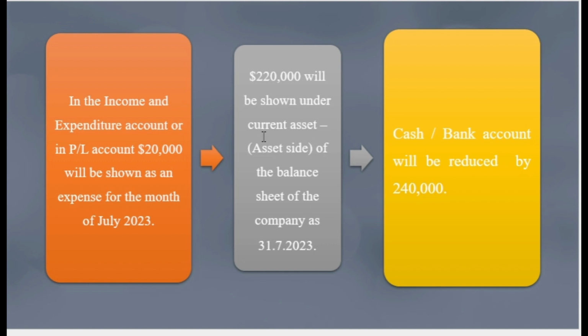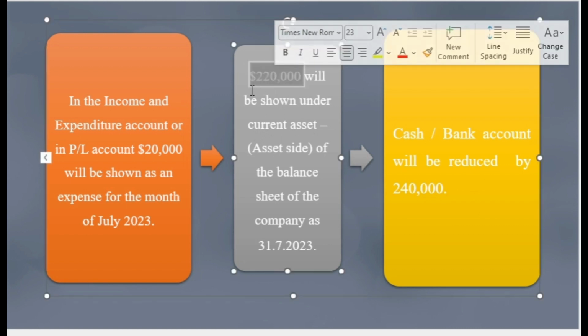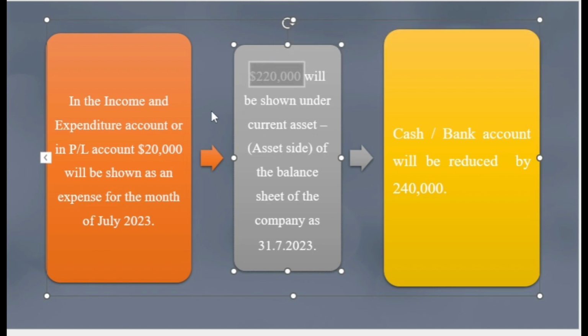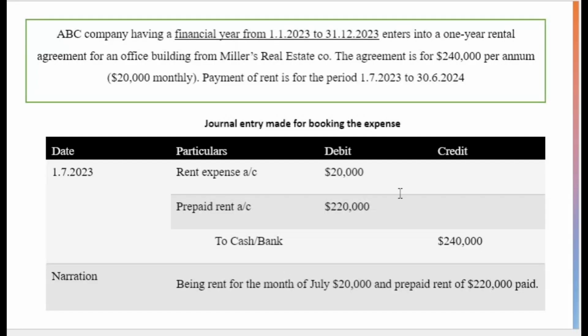Okay, in the coming months, like in August, September, October, we have to make an adjustment entry which will reduce 20,000 each month from this 220 until December 31. So every month 20,000 will be added to the expense account as the month comes by. And subsequently, when you pass this entry, we make a cash payment of 240,000 for Millers.